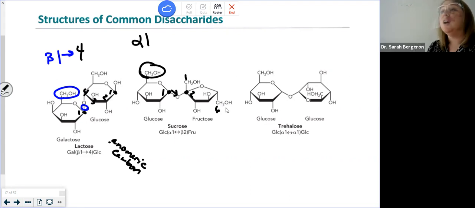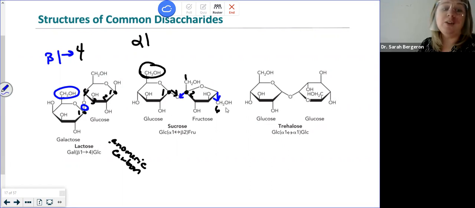Remember how I said the standard is to write carbon 6 being up, but will you see it sometimes differently? Yes, you will. So you have to be careful. Carbon 6 is going down. How is my glycosidic bond going? This is going down. What's my glycosidic bond doing? Up or down? It's going down.